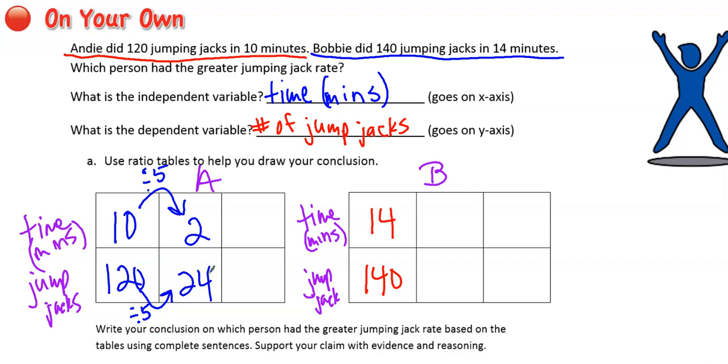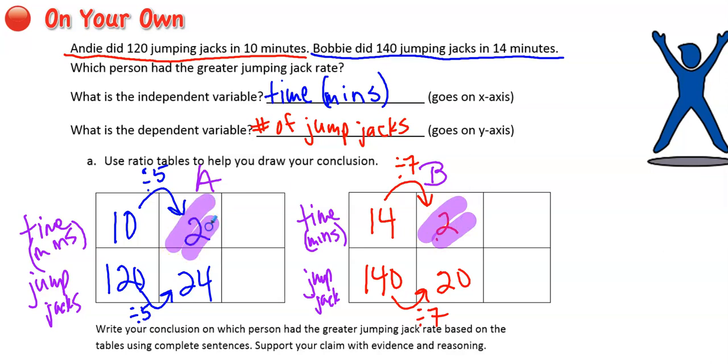And then on Bobby's side, I know that I want 2 to be here because I'm trying to get the same time. So that means I'm going to divide by 7. And if I divide this number by 7, I get 20. So I made a common time. So now I can compare easily the number of jumping jacks, right?